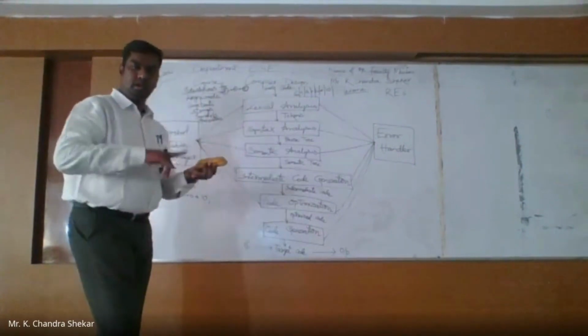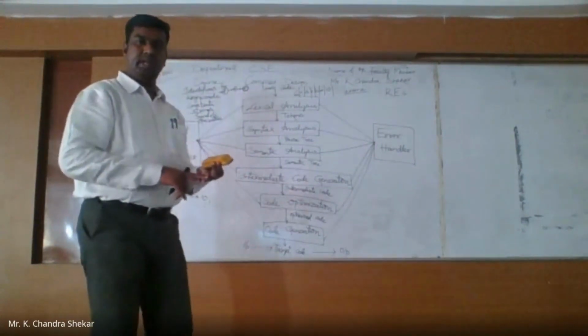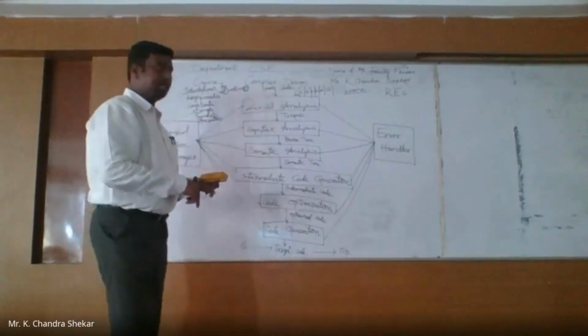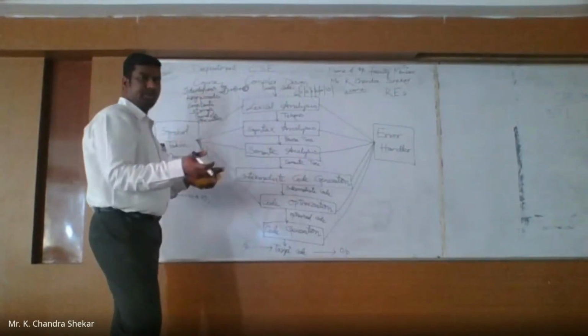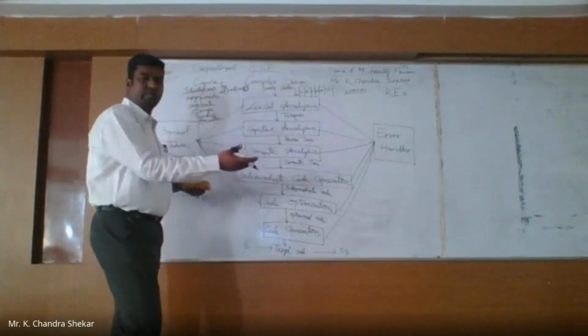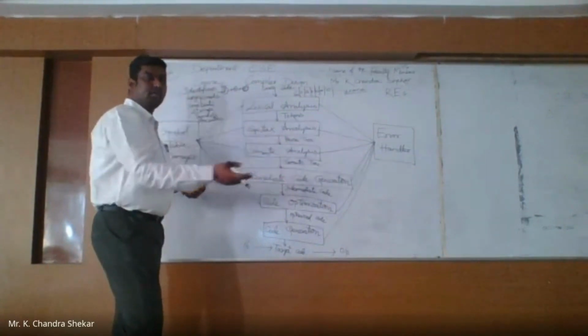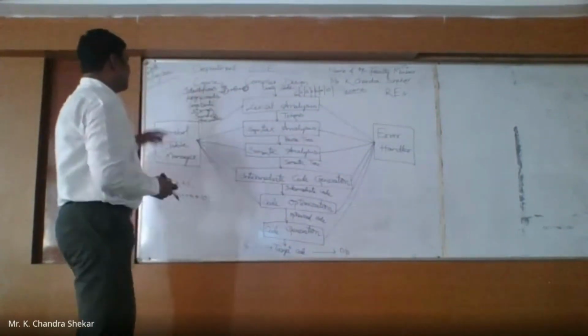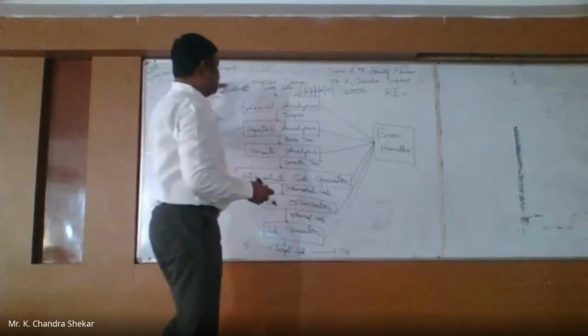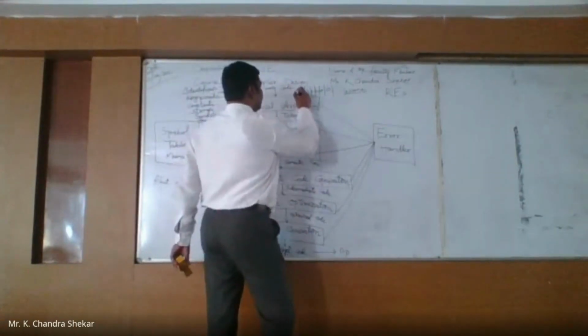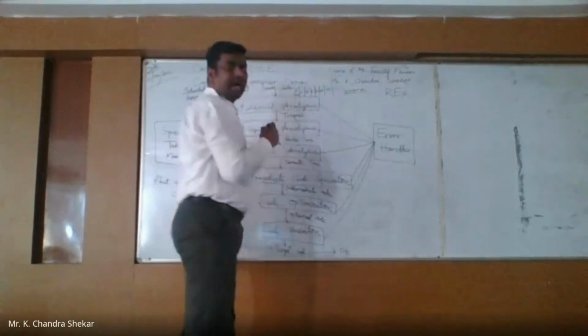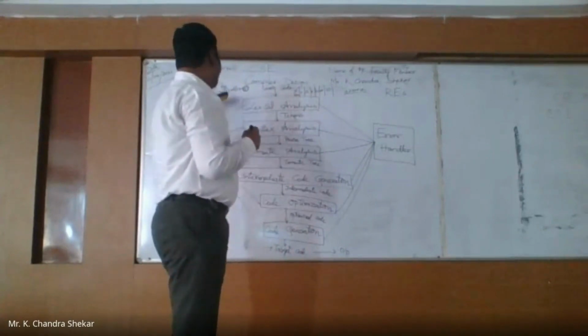It may be a variable name, a function name, or a procedure name, so it depends on the program. In some compilers you call them procedures, in some compilers you call them functions. So likewise, finally it takes a decision.